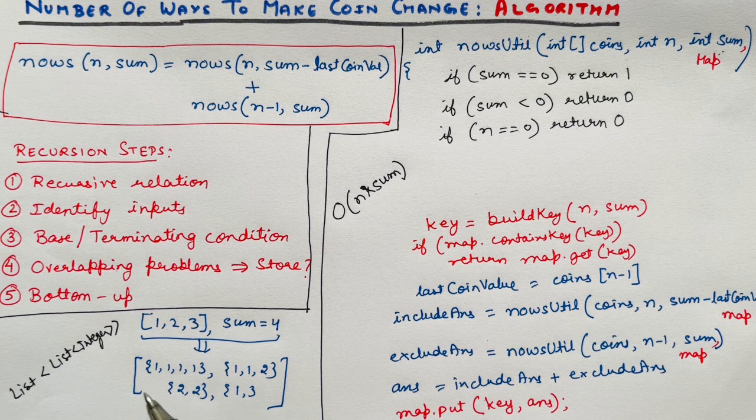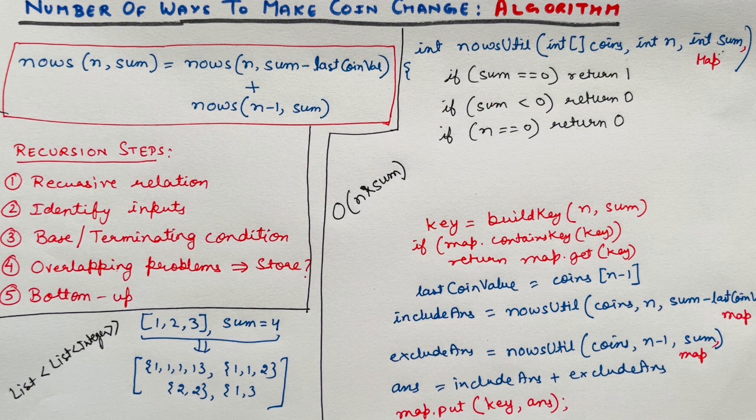Now these are the ways for our example. Every way we can think of as a list of integers, and this itself is a list of such lists. Therefore what we will be returning is a list of lists of integers, and that means even the answers to our smaller problems will be lists of lists of integers for the include answer and for the exclude answer as well.